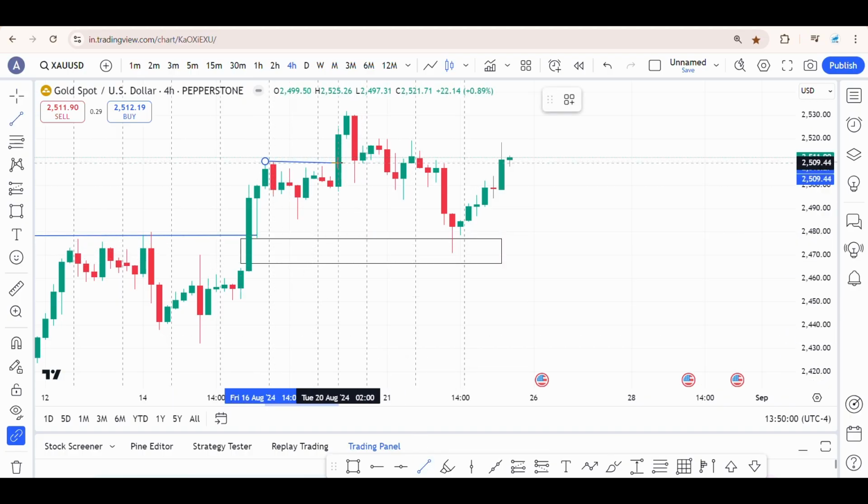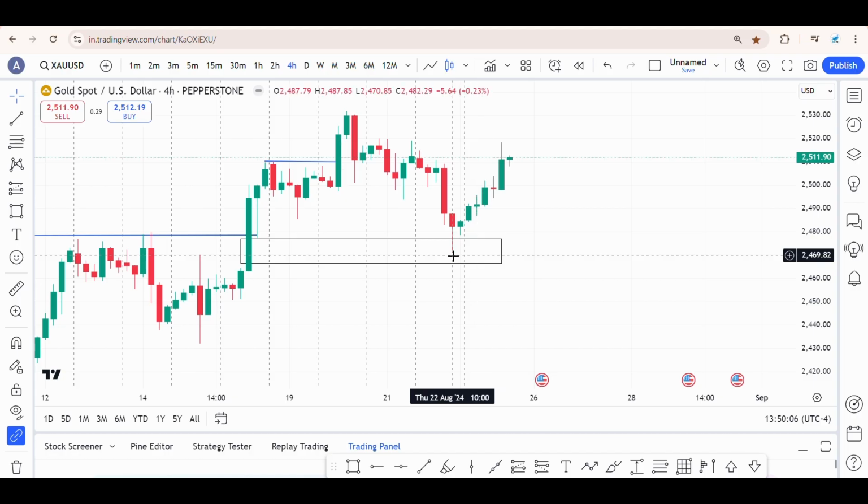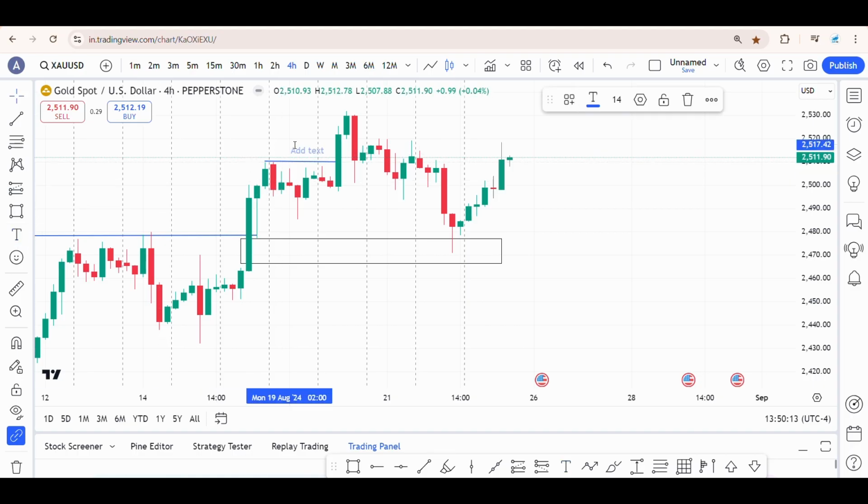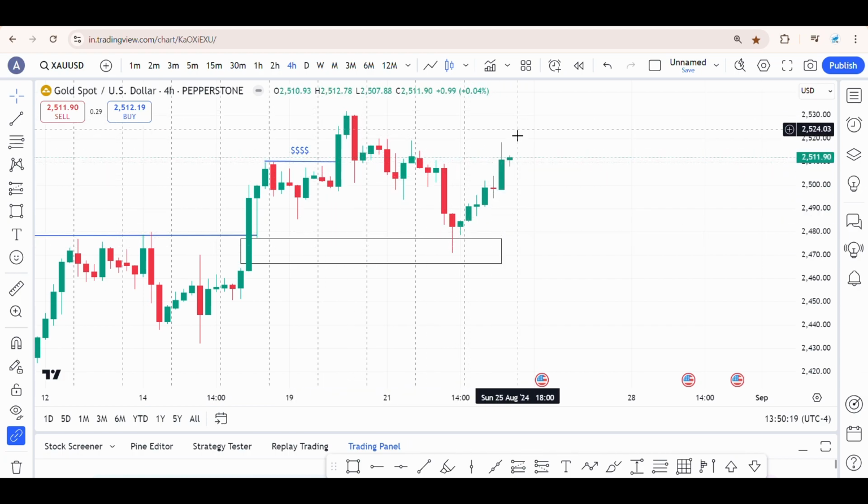Then price did a very nice break of structure here, and then came back down to fill this inefficiency in the form of internal liquidity. It took external here, in the form of buy side liquidity, then came back here and then went up.